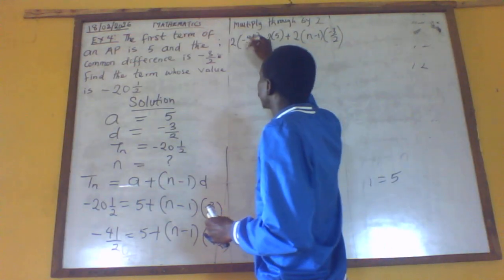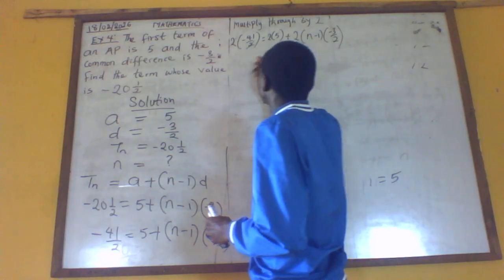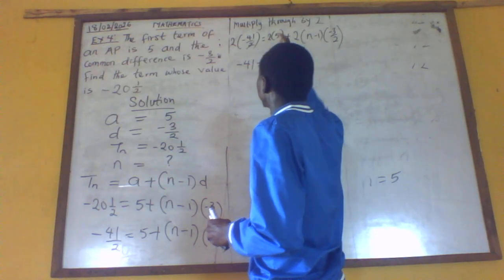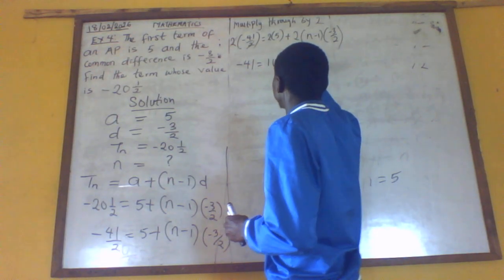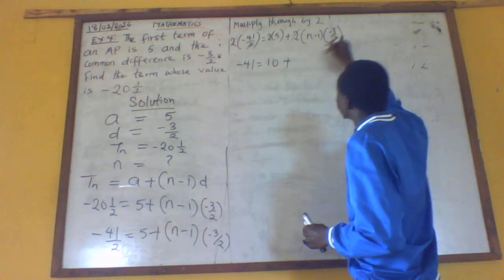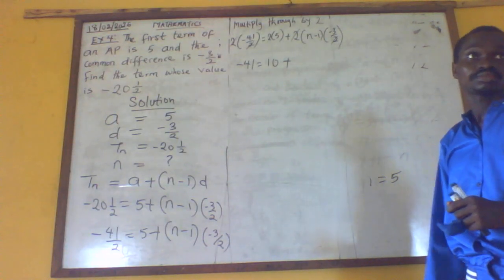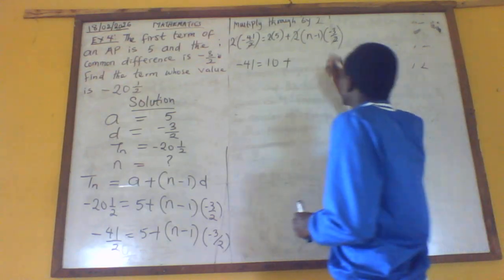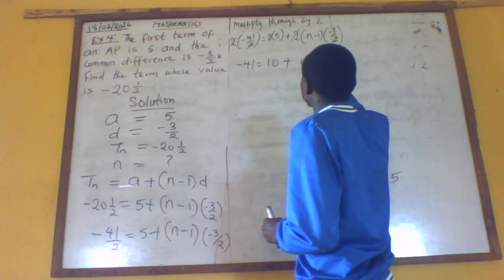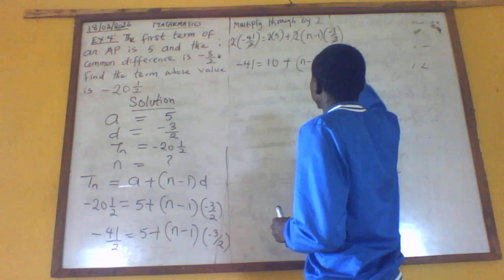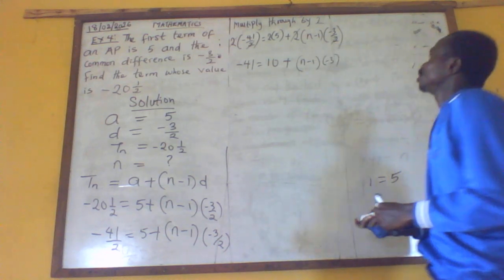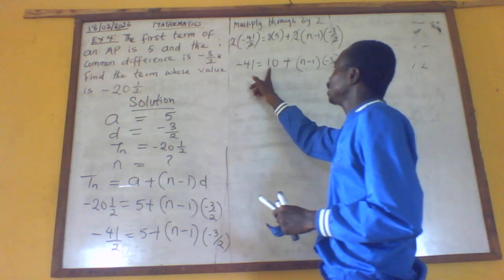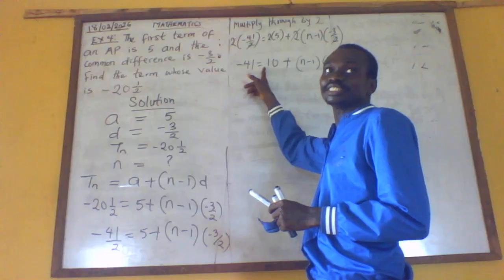So 2 can take care of 2, right? So we have minus 41 equals 2 times 5 plus, then this 2 can still take care of this 2 and cancel out, because we have multiplication between them. So we have (n minus 1) into minus 3. Now, let's subtract 10 from both sides.